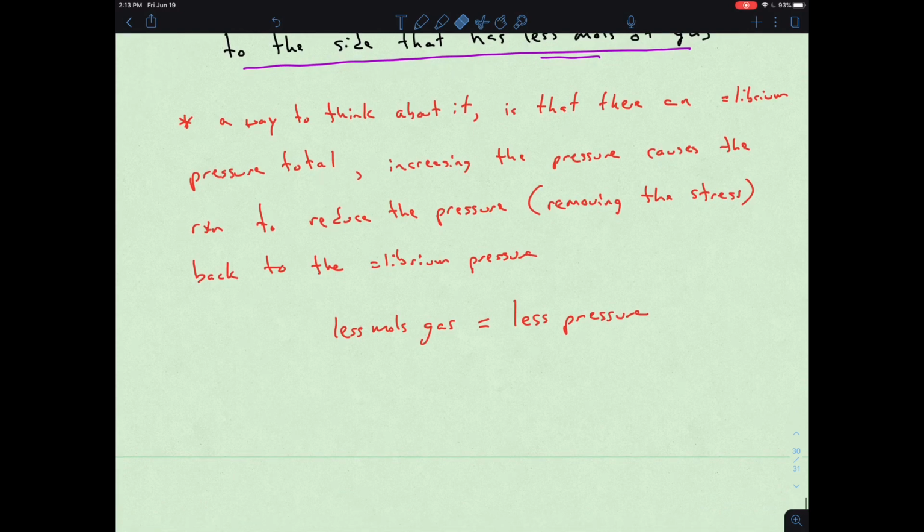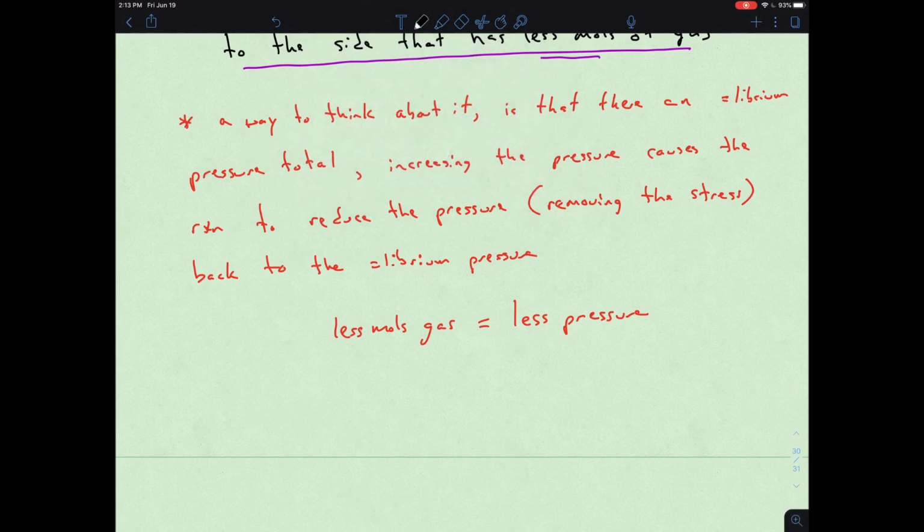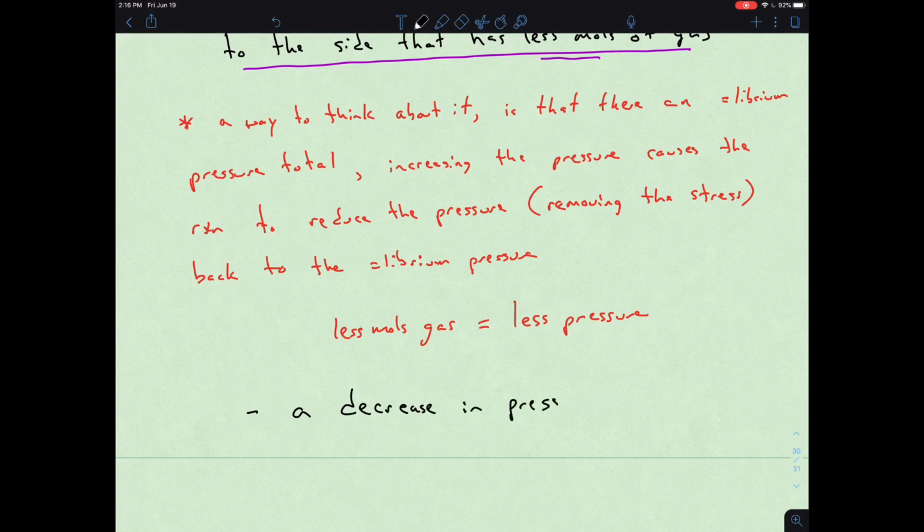We then have the opposite being true for a decrease in pressure, which would be the same as an increase in volume.